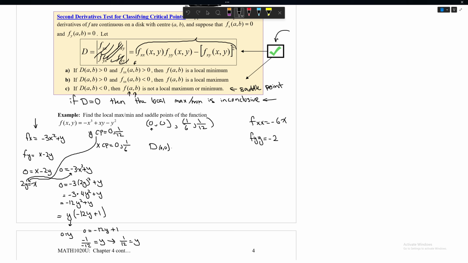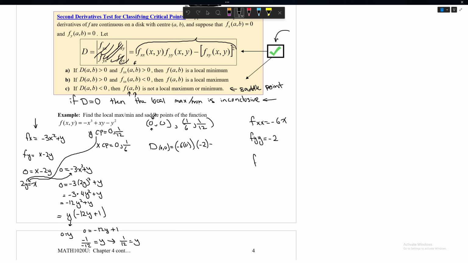D at 0, 0 equals my fxx at these points, which is negative 6 times 0, because x is 0, and then times my fyy, but I can't sub anything in, so it's just a constant negative 2, minus my fxy squared.